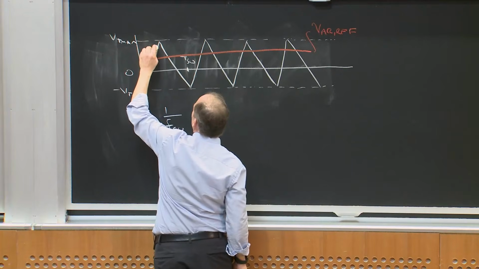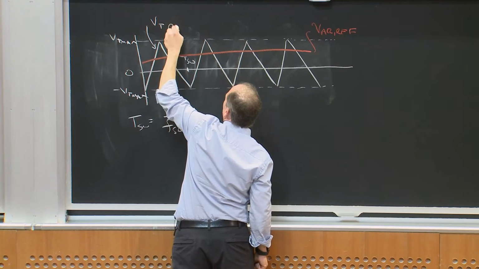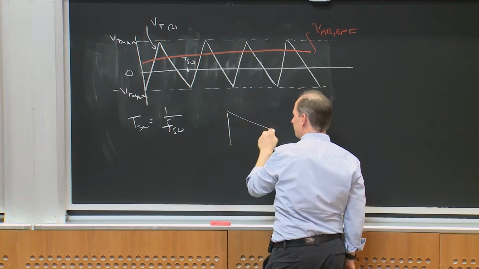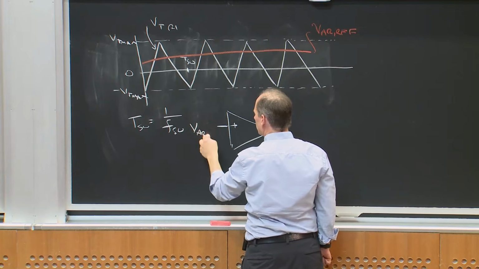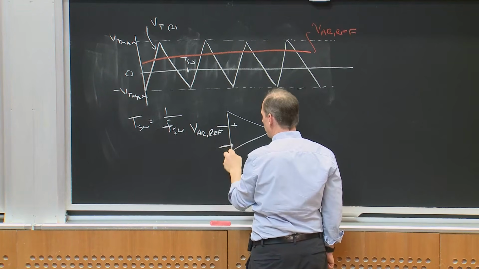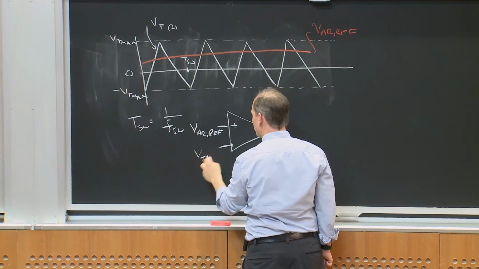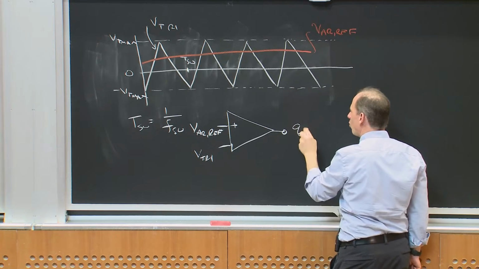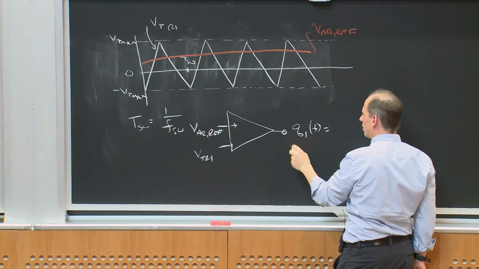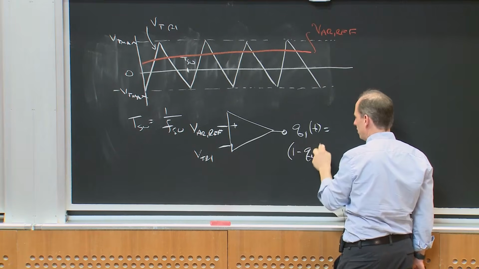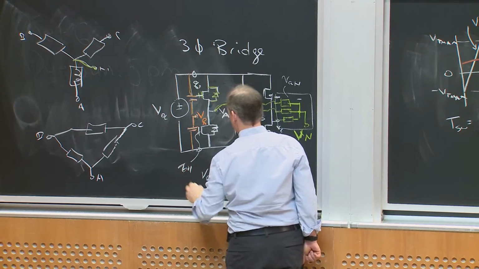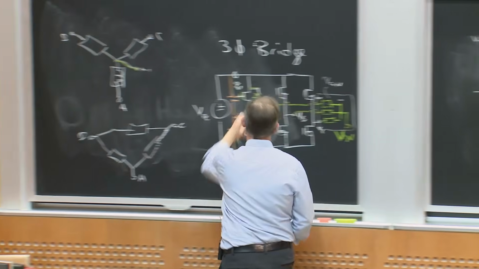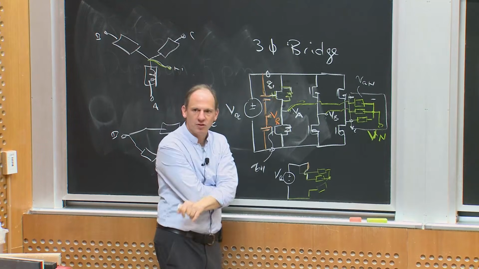If I called this V triangle, I could create a comparator: into this terminal I'm going to put VAR ref, into this terminal I'm going to put V triangle. And then out of this comes Q1 of t, which is equal to 1 minus Q4 of t. So Q1 of t goes here, and Q4 goes here. So whenever this switch is on, this switch is off, and vice versa.